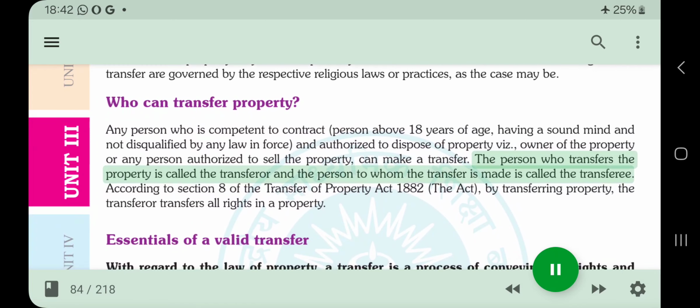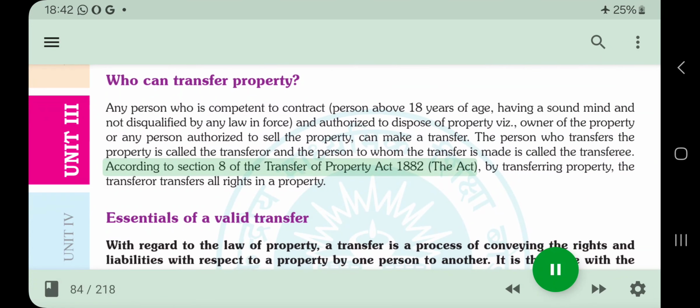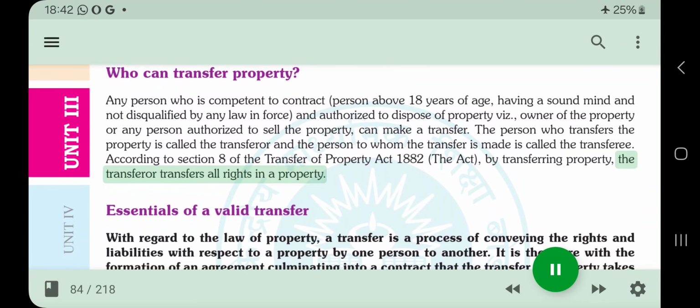The person who transfers the property is called the transferor and the person to whom the transfer is made is called the transferee. According to Section 8 of the Transfer of Property Act, 1882, by transferring property, the transferor transfers all rights in a property.